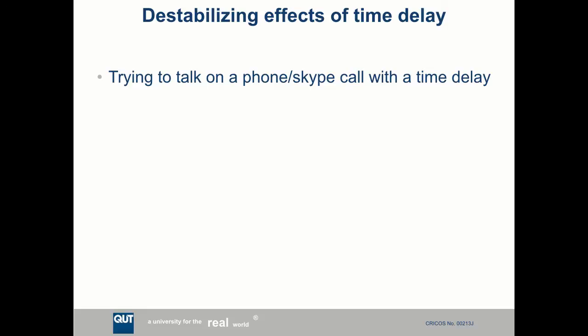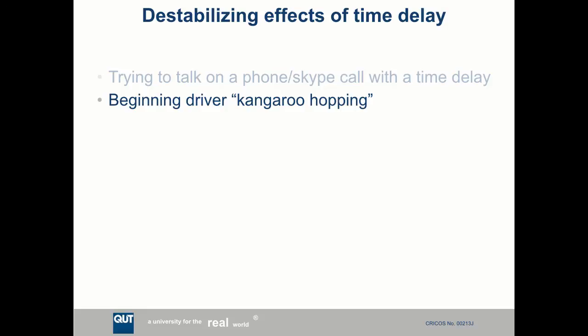Yeah? So this is an effect of, I couldn't write down the dynamic equations for this, but it is very definitely time delay that is destabilizing the controllers in each person's voice output thing. Yeah? Another example, when you learn to drive, the kangaroo hop. Yep. The car starts to go, you think, oh, I'm going too fast, you pull your foot off the accelerator, you think you're going too slow, and you push it down again.